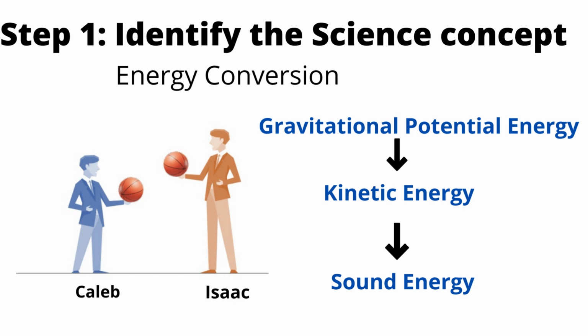It could be elastic potential energy, chemical potential energy, but in this case, it's clearly not any of those two. It is certainly gravitational potential energy. Gravitational potential energy, as we could recall, is potential energy that's stored when it is at a height above the ground.